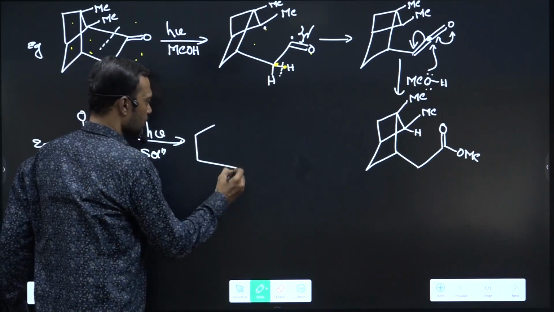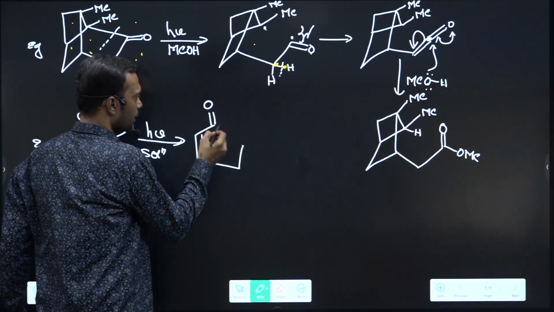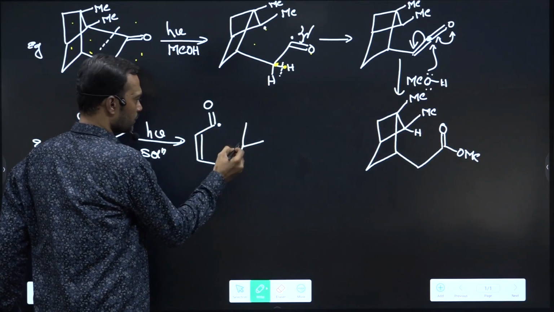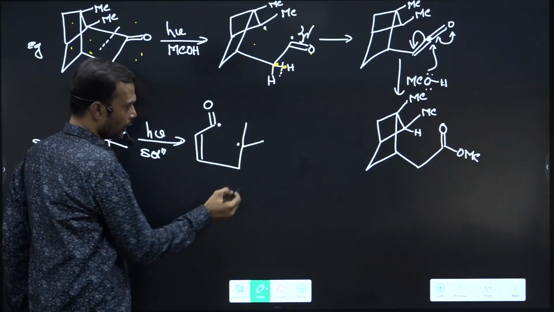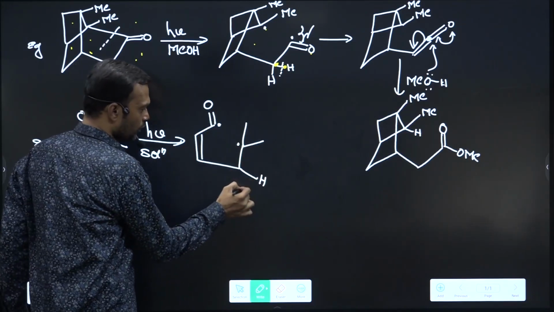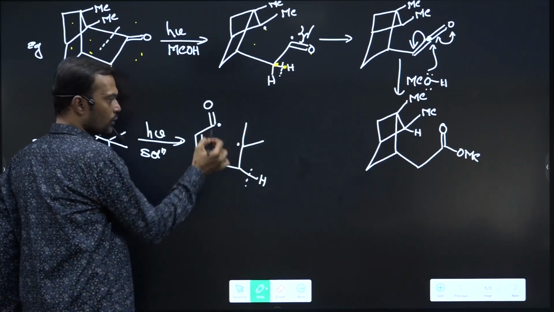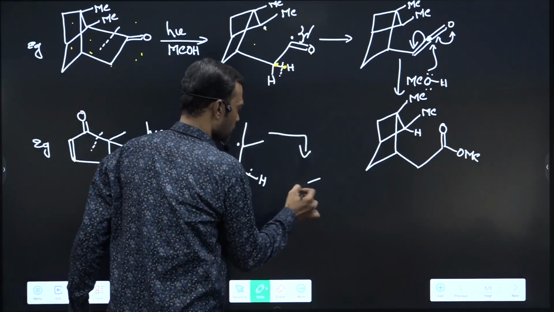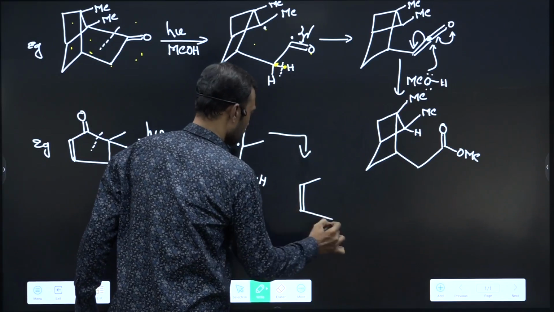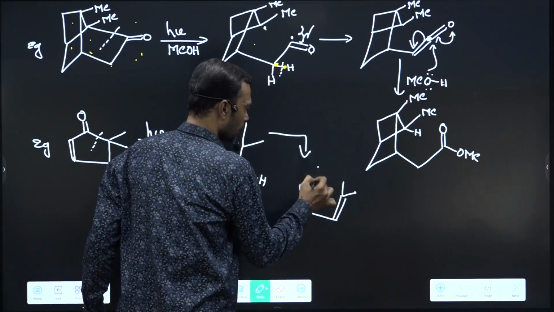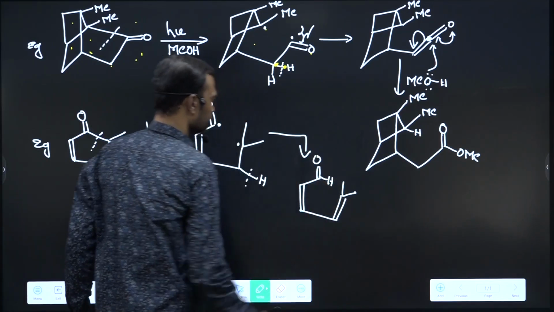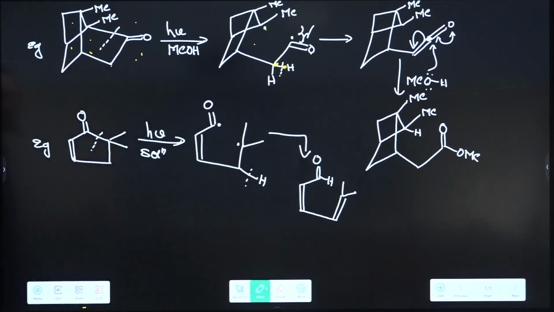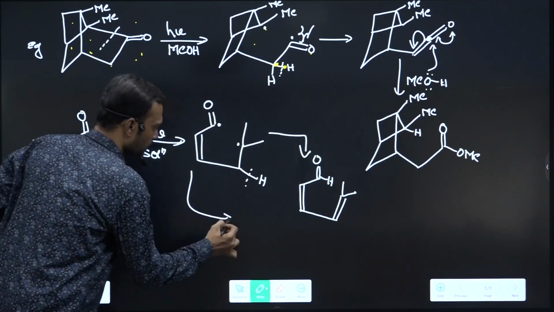If you break the right side, you will get a radical and here one more radical. Okay. Next, transfer of hydrogen takes place from alkyl to acyl, in the solution state. At that time I will get a double bond and here C double bond H. Okay. And one more product is also possible, but that is minor.